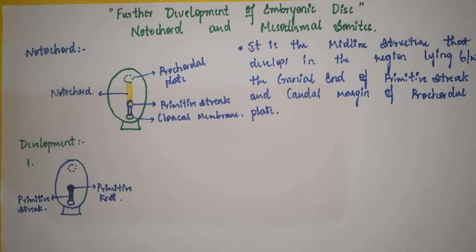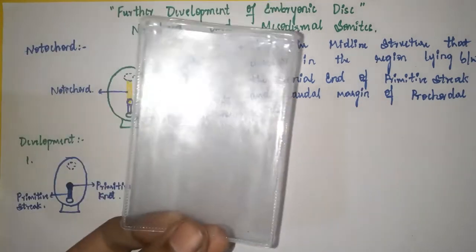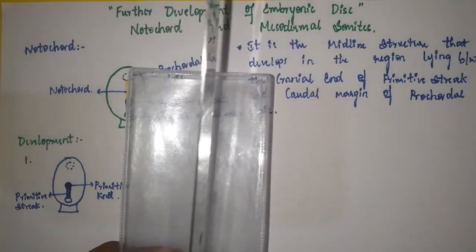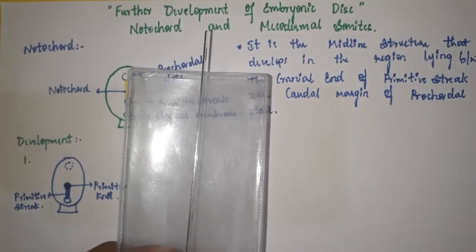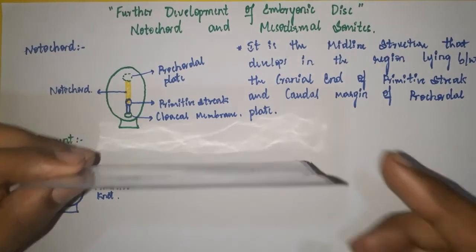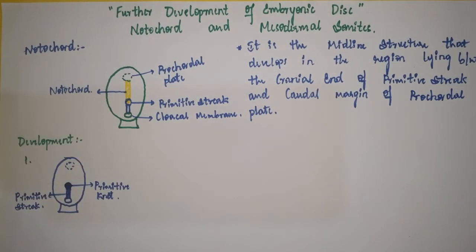See, now imagine this is the embryonic disc. I will take a section like this, and I am going to view the section in this view. Okay, now I will draw the structure. What is the change?